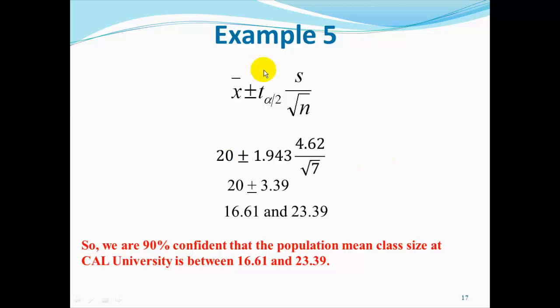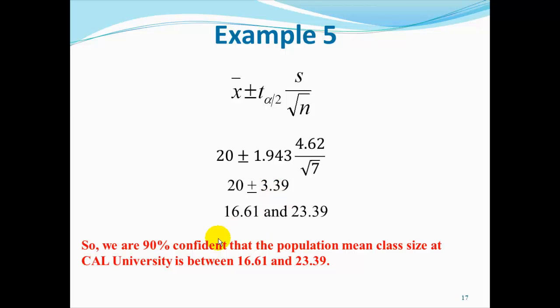Therefore, in our confidence interval formula, we plug in our x bar value, our t alpha over 2 value, our sample standard deviation value, and our n value, and we obtain an error for this problem of 3.39. So our confidence interval should be formed as 20 plus or minus 3.39.